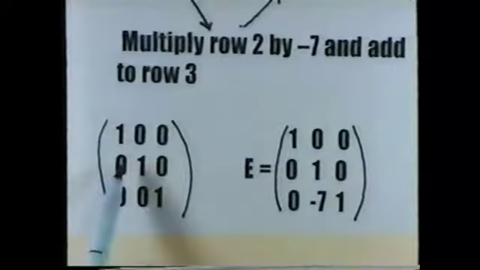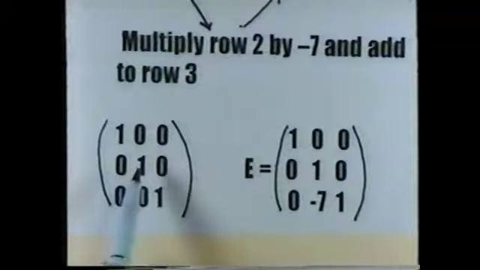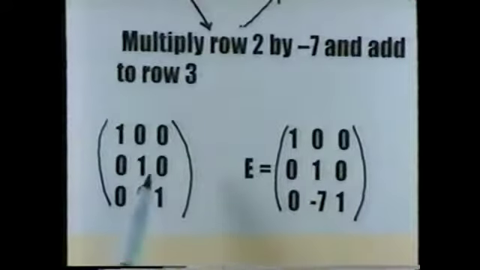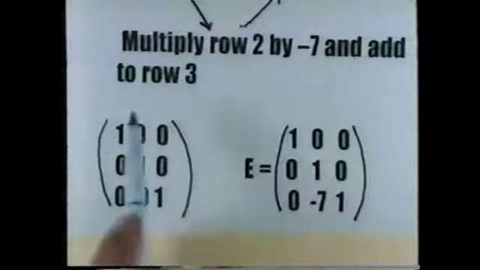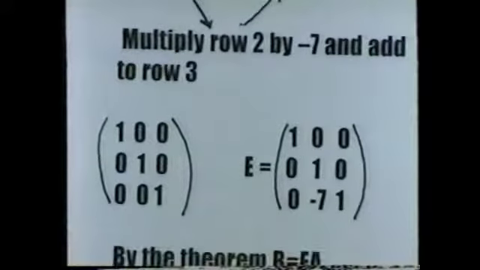Negative 7 times 0, 0, 0 plus 0 is 0. 1 times negative 7 is negative 7. Negative 7 plus 0 is negative 7. Negative 7 times 0 is 0. 0 plus 1 is 1. So E is the elementary matrix obtained by multiplying row 2 of the identity by negative 7 and adding to row 3.